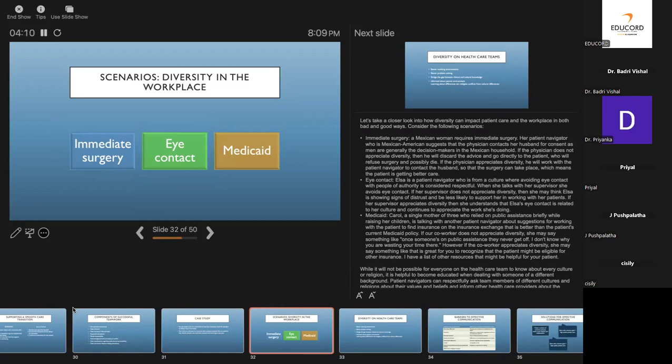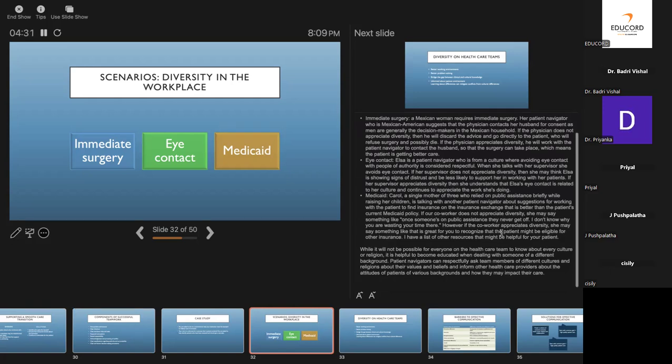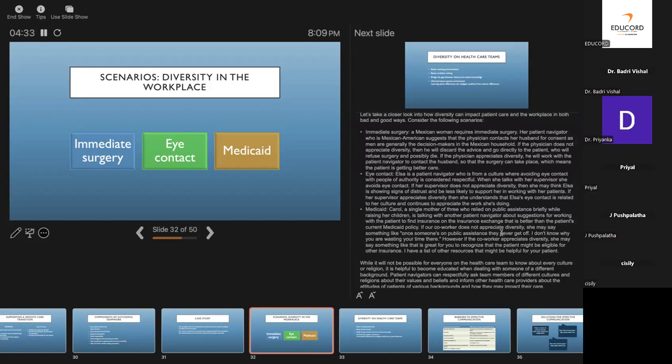Coming to the Medicaid, a person who is relying on insurance, and you are not considering that the patient is having an insurance with a particular limit, all these things will create a very big problem for the management of the patient, because we cannot always subject the patient to pay a higher amount.